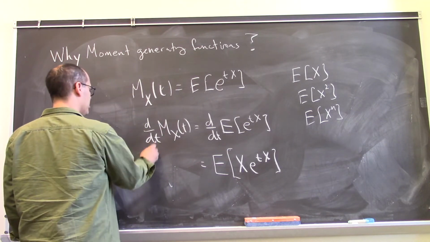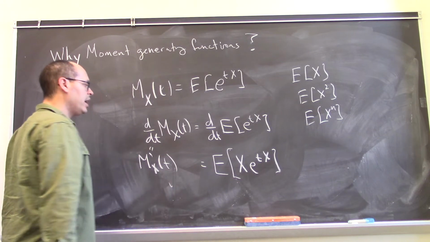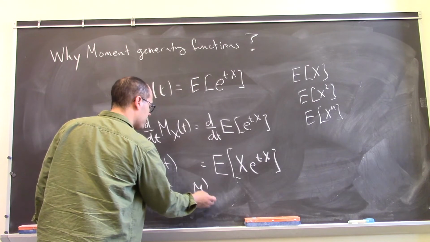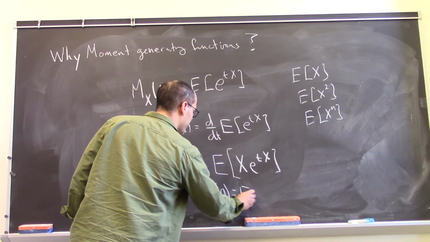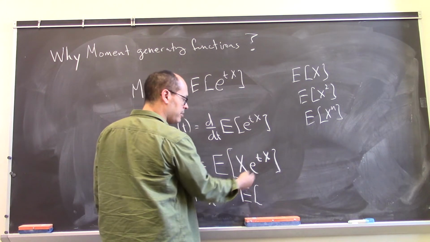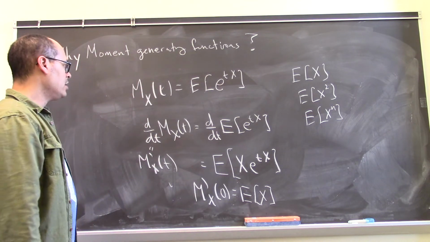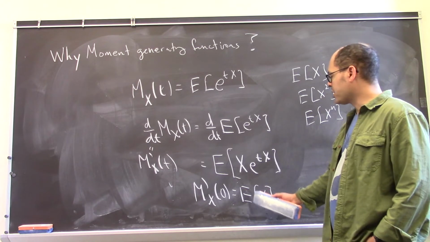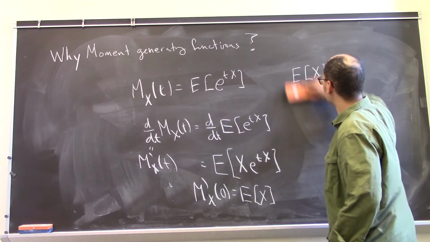Let me just call this M prime of t. Now, if you were to plug in 0 and consider M prime of 0, that's going to be the expected value of this thing where t is plugged in to be 0, but that's just X. Okay? So we quickly see that you can get the expected value by taking the derivative of the moment generating function and plugging in 0.